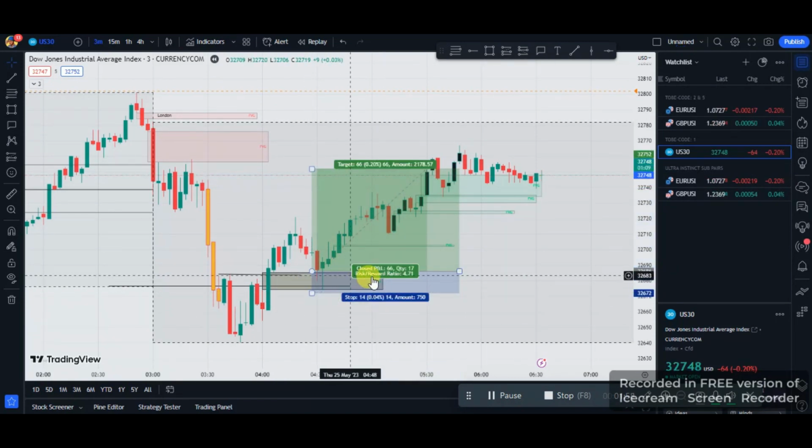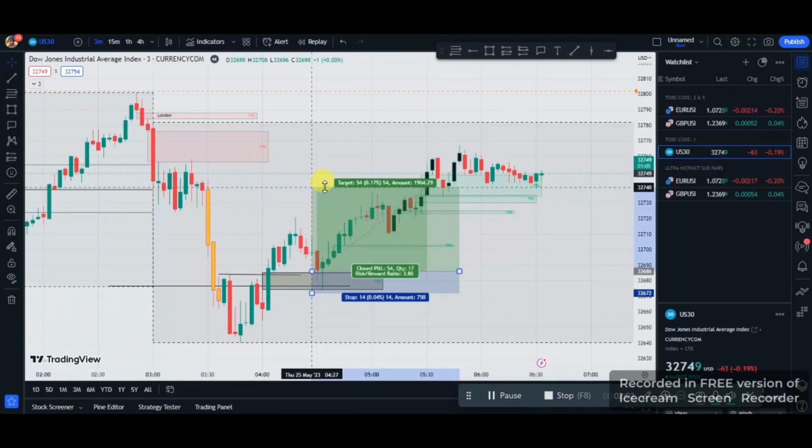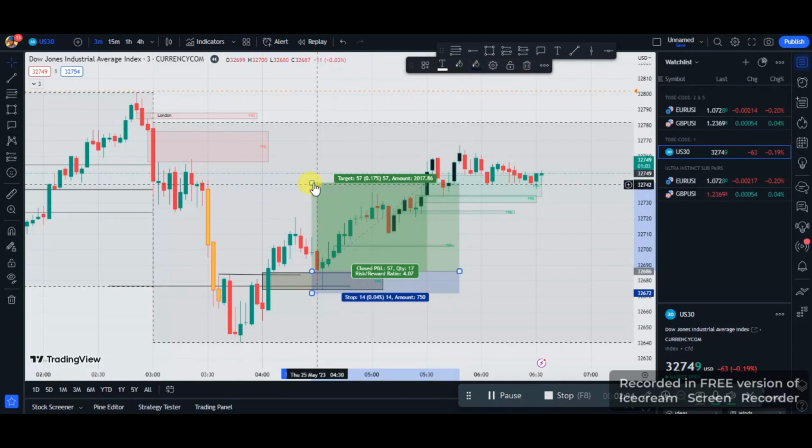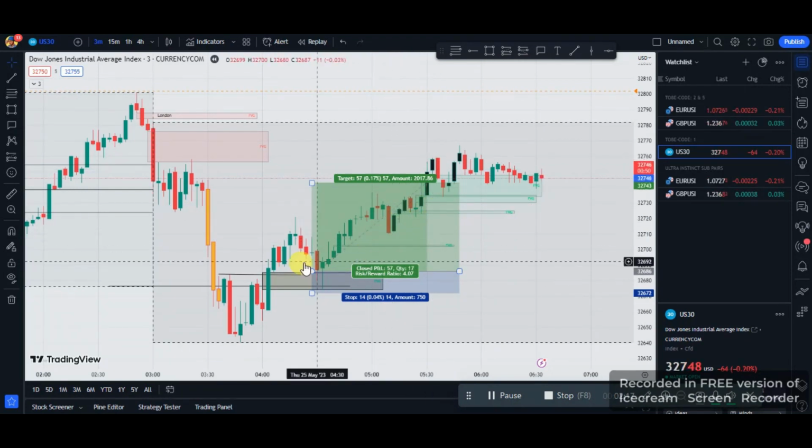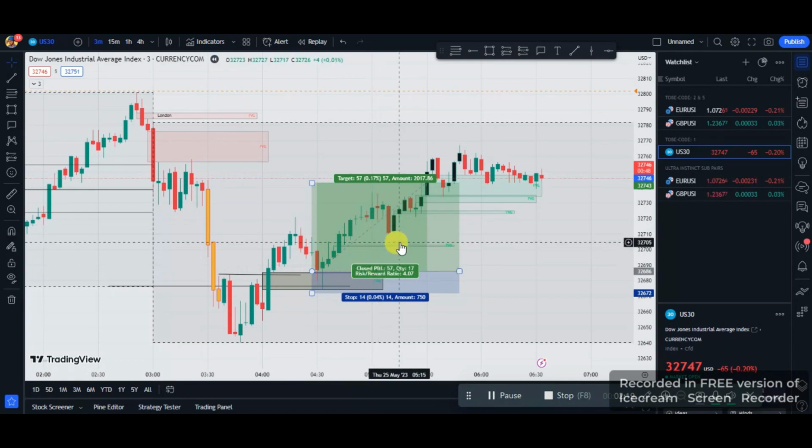But as you can see, you can get a much higher take profit to compensate for your aggressiveness. So you can see this was a beautiful trade for a 4 to 1 on just this one trade. So let's say you take 3 wins and 3 losses, you're still up like 9R. It's crazy how effective this strategy is.